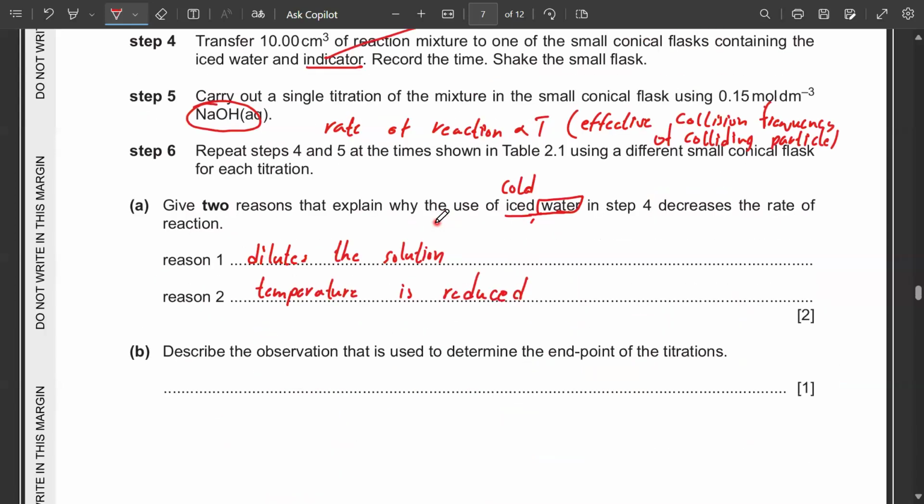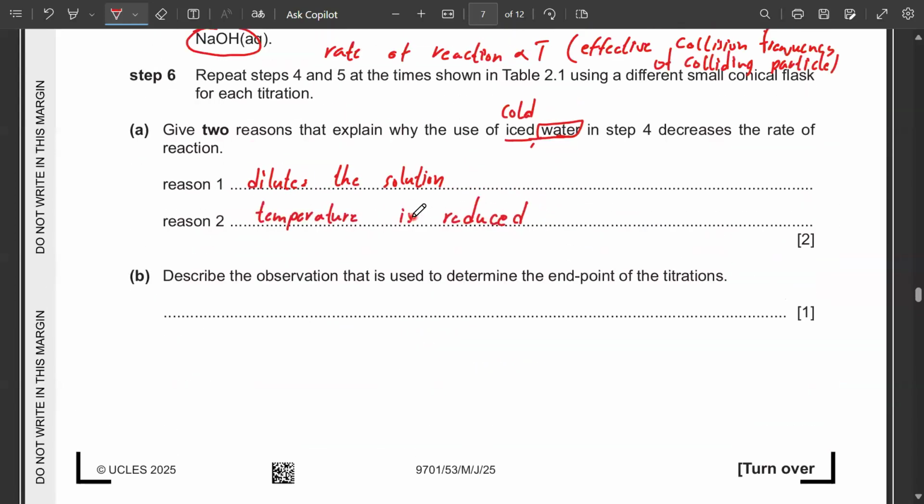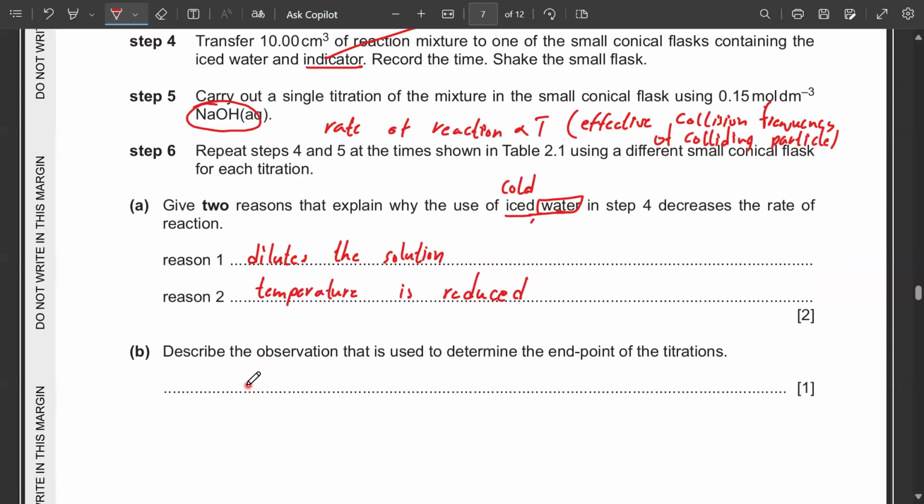So the end point must be the appearance of the pink color. But that pink color must be permanent, because if you add less amount of HCl, the color will keep on disappearing. The moment the color becomes permanently pink, it will indicate the end point. Appearance of permanent pink color.